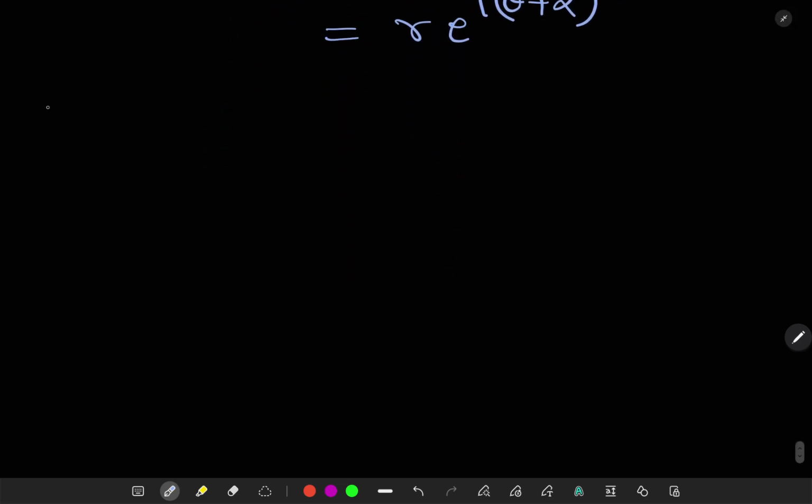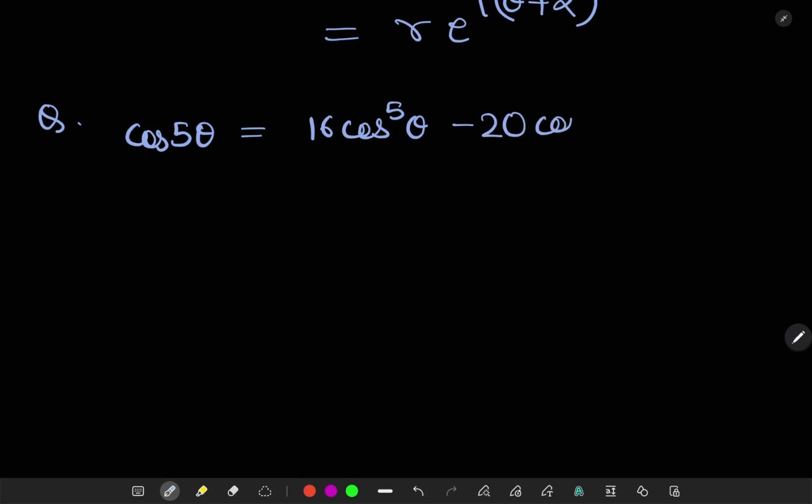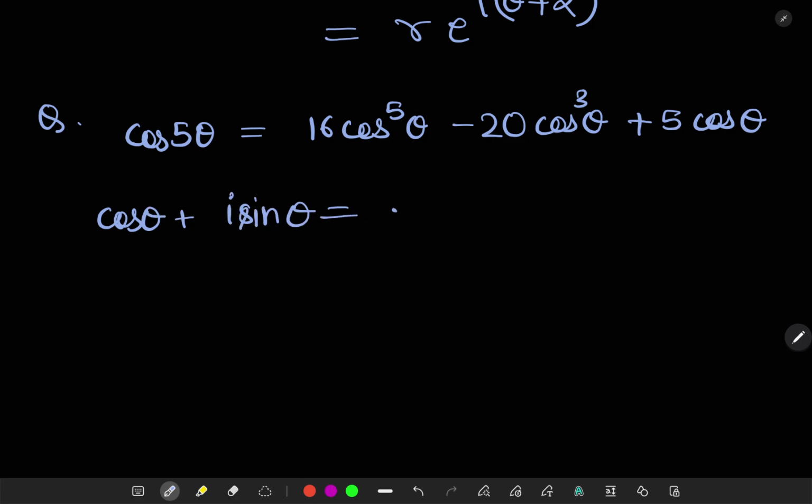Let's do a question on complex numbers using binomial expansion and De Moivre's theorem. We need to prove that cos 5 theta is equal to 16 cos raised to power 5 theta minus 20 cos theta raised to power 3 plus 5 cos theta. Now using this, cos theta plus iota sin theta equals e raised to power iota theta.